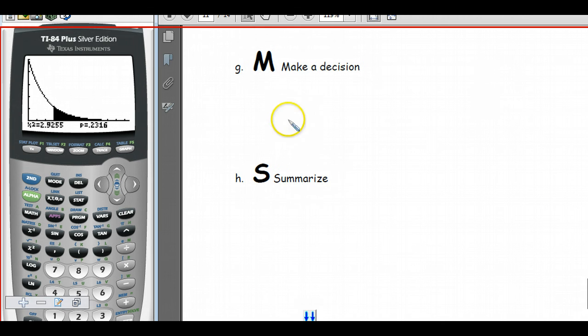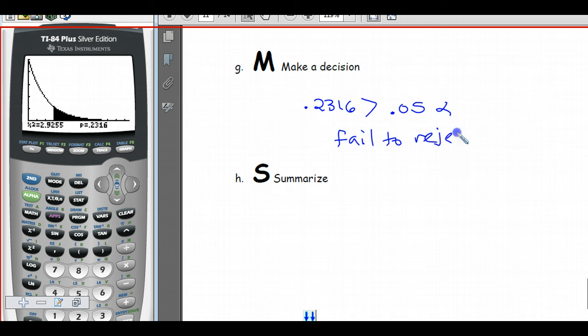So our decision: our 0.2316 is greater than 0.05, which is my alpha, and so we are going to fail to reject the null.